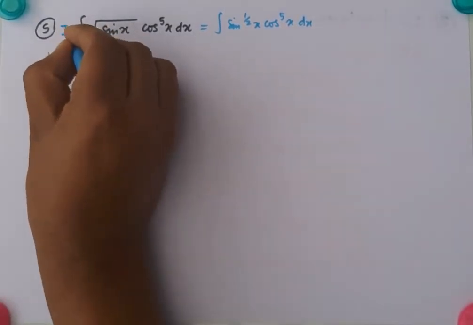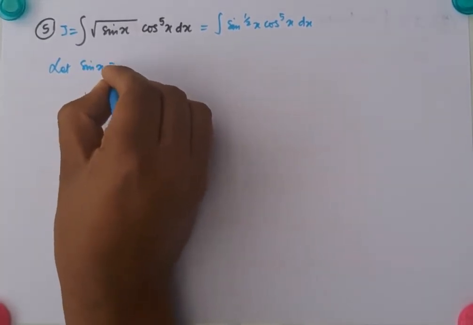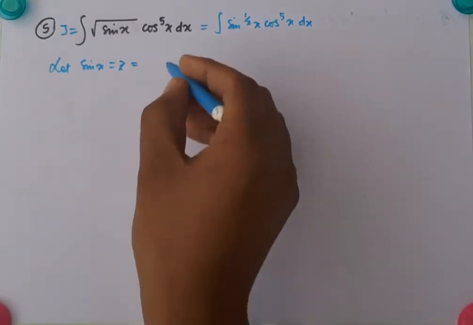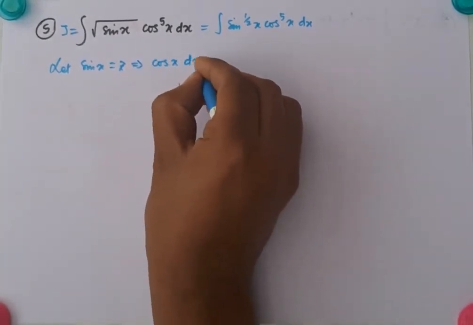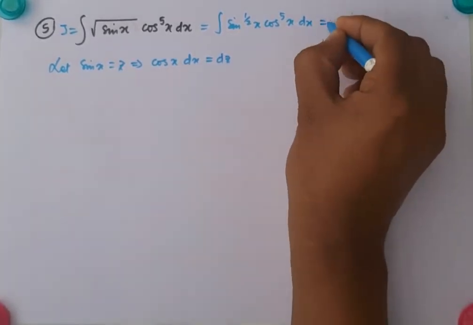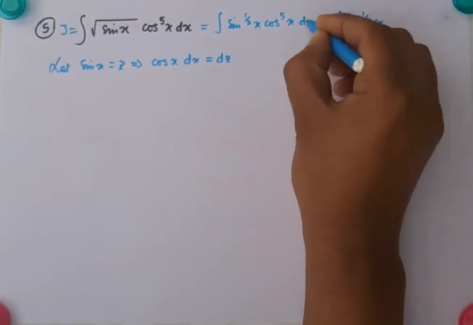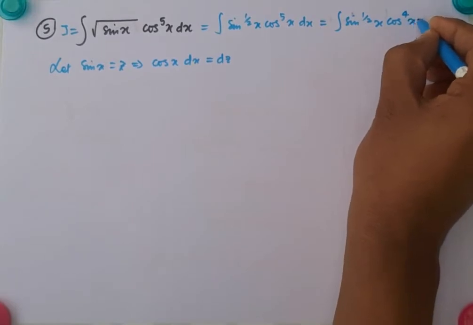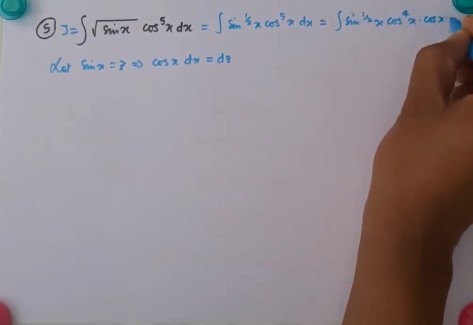So let me call this integral I. Let sin x equal z. This will give you cos x dx equals dz. In fact this can be written as sin to the power half x cos to the power 4x into cos x dx.